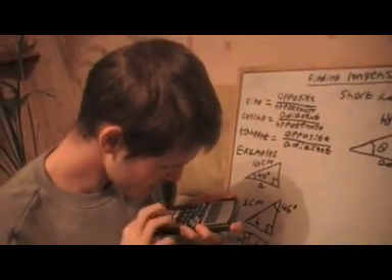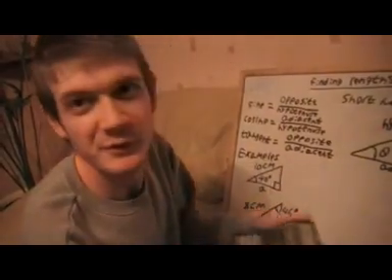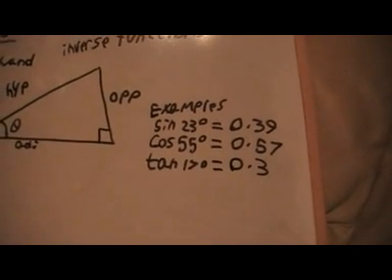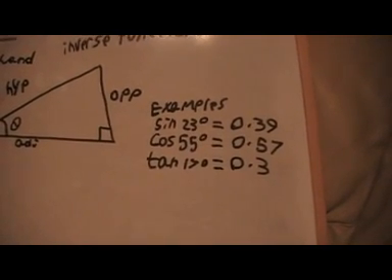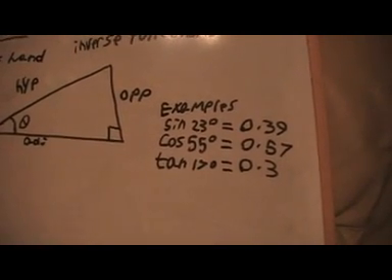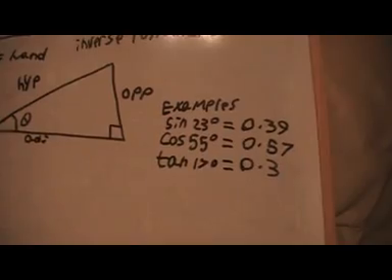Just do it the same way. And we'll get an answer of 0.30, which we can just write as 0.3. So that's how we find these using a calculator. I'll just rub out this diagram now that you know what it means.